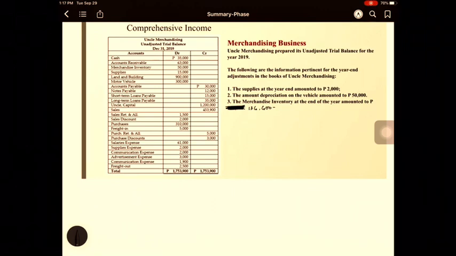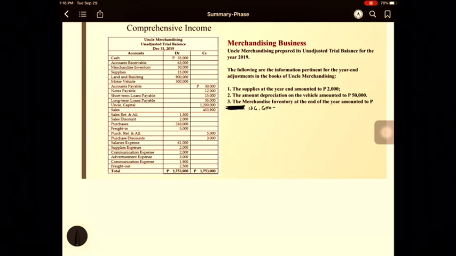Okay, but before doing so, there are certain things that you have to do first, before we could formally start preparing now the income statement for this merchandising business. Okay, so in this problem, Uncle Merchandising prepared its unadjusted trial balance for the year 2019.